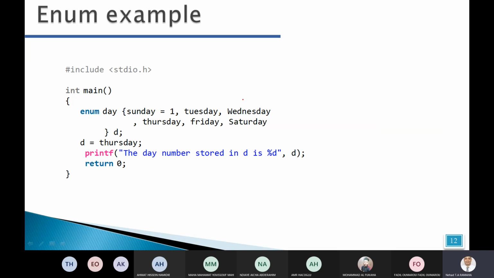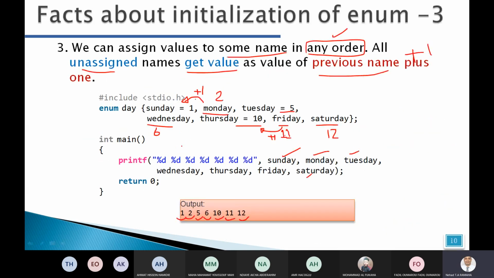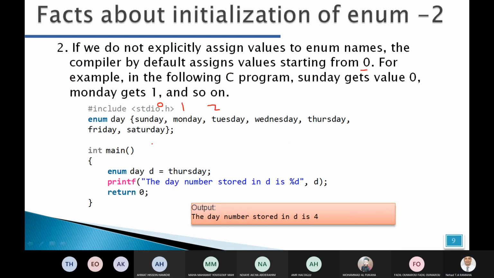Another example for enum. Here in this example, I want to mention two things. Here we give values starting from 1. This means we're starting 1, 2, 3, 4. Another thing, if you look at the examples here, we define enum day, then we define a variable from this enum, day.